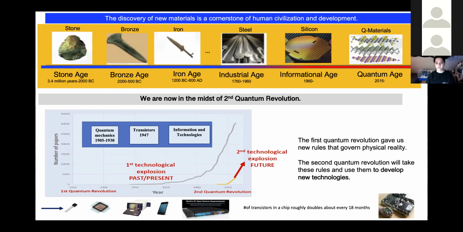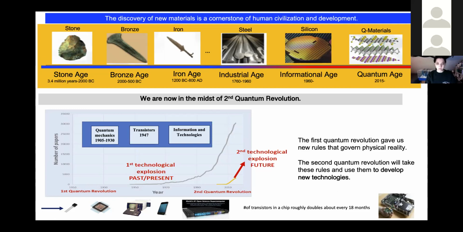And now we are in the midst of the quantum age, in particular the second quantum revolution. You might wonder, when was the first quantum revolution? This is related to the silicon or informative age of the 20th century. The first quantum revolution started with the development of the field of physics which we call quantum mechanics.